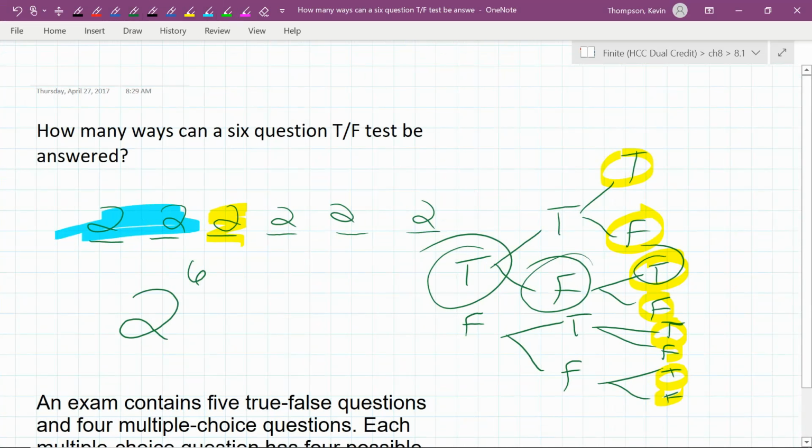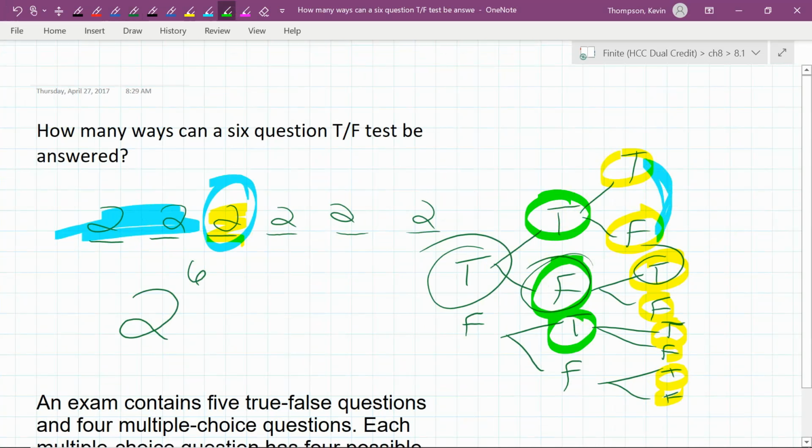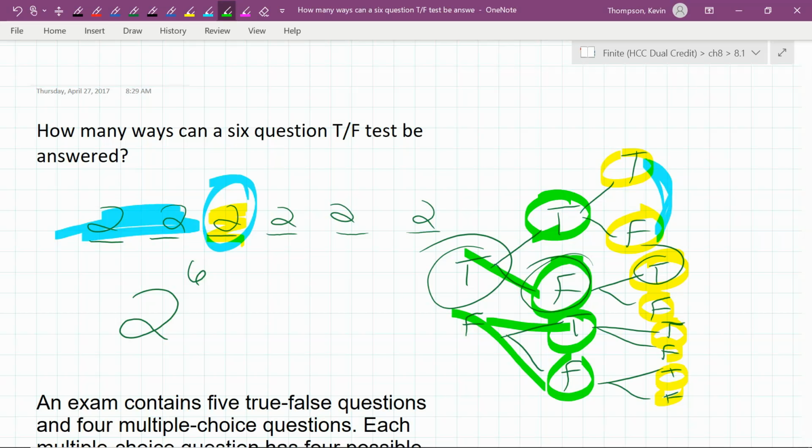Let me say that again. Aren't we pairing this true-false choice for the third question with any of these 4 outcomes that could have happened: true-true, true-false, false-true, false-false? So there's something about that multiplication that's going to be helpful when you think about matching independent pieces together.